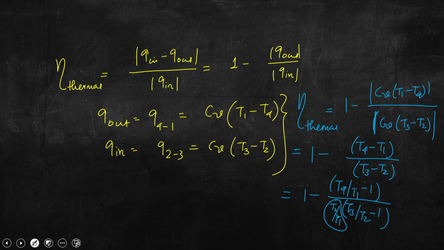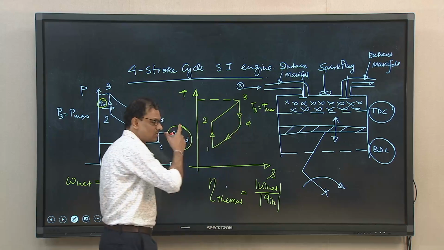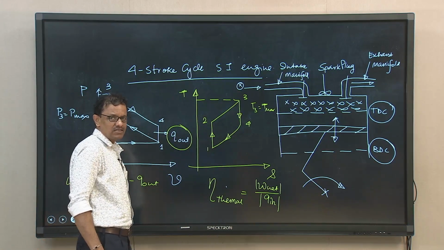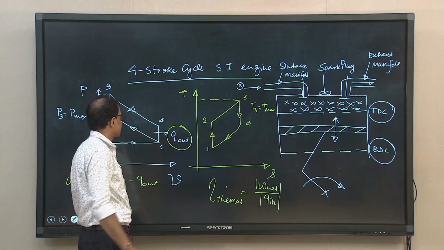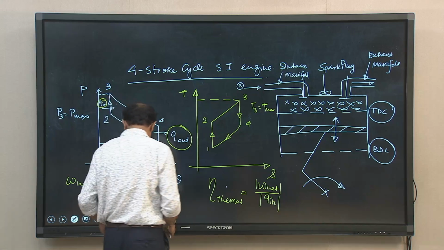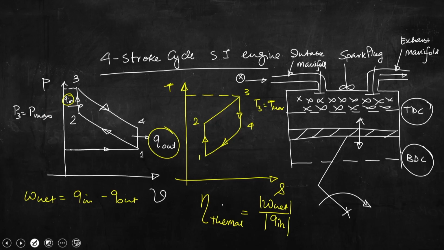Now, if we go back to the previous page, 1 to 2 is basically what process? Isentropic compression. 2 to 3 is constant volume heat addition, and 3 to 4 is isentropic expansion. So, now we have to have a relation between the temperatures T1 and T2.